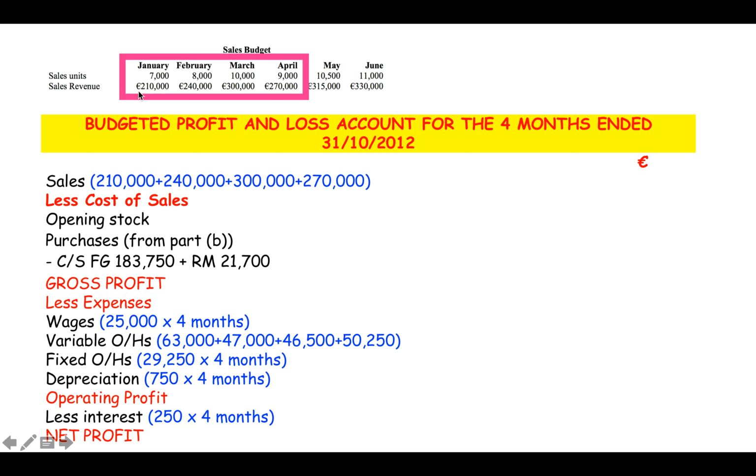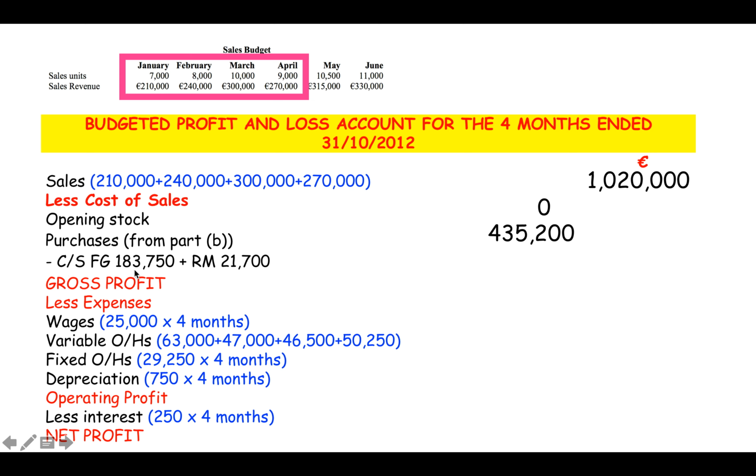Remember, we're only looking at the sales for January, February, March and April. So when we tot up those sales, we get 1,020,000. There is no opening stock in this question. Our purchases come from our raw materials purchase budget in part B, so the 4 months' worth of purchases there. Then we minus the closing stock of finished goods.